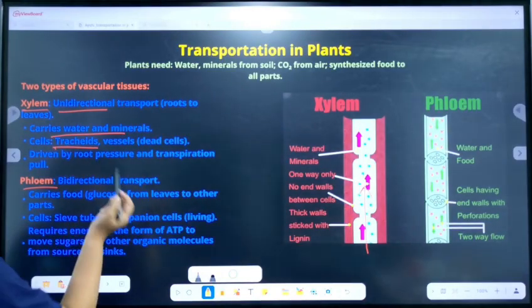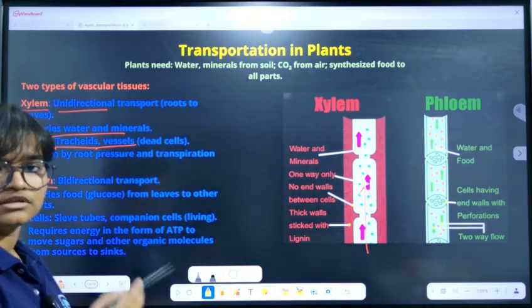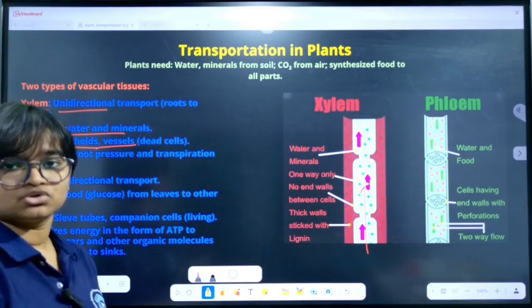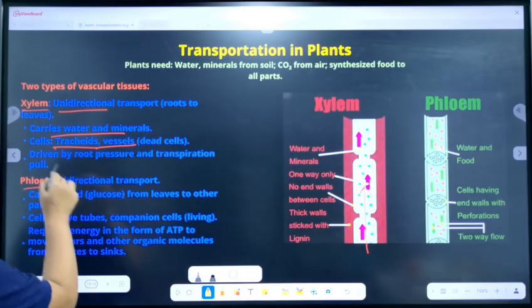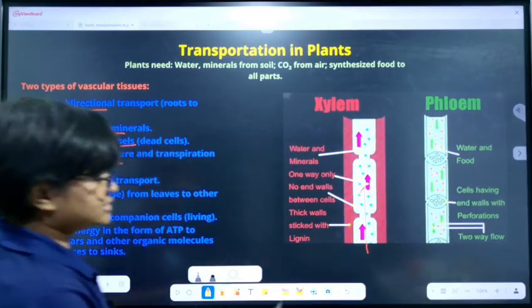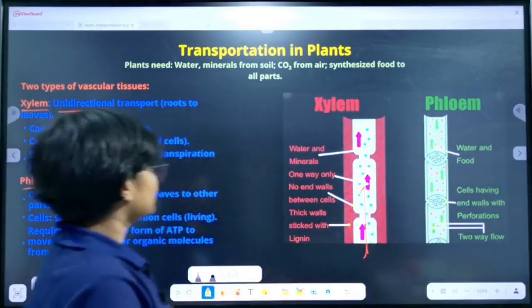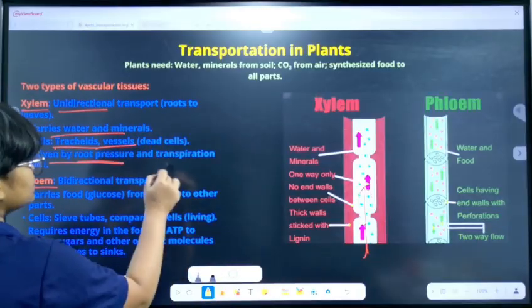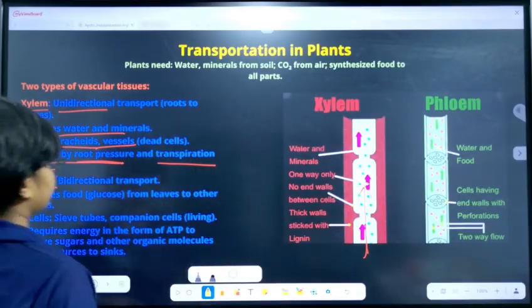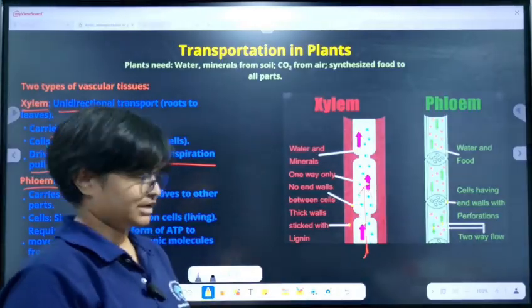Which cells are present? Tracheids and vessels. These vessels are also known as dead cells, and this unidirectional process is done by root pressure and transpiration pull. I will talk about these two processes later.